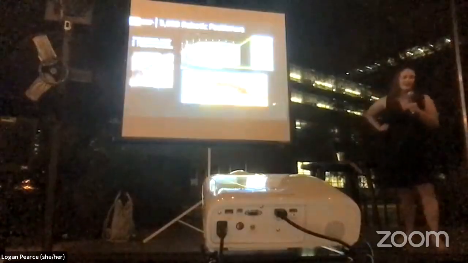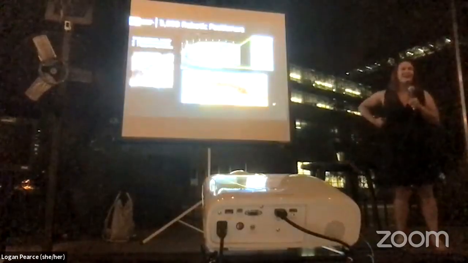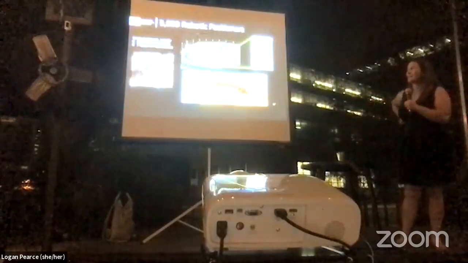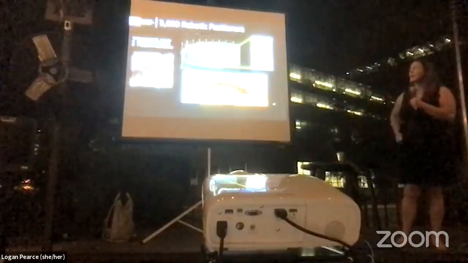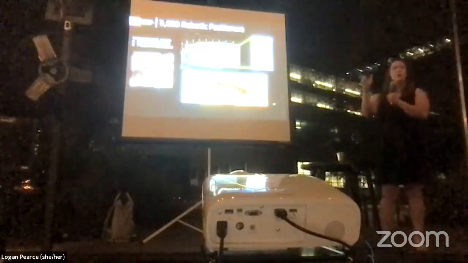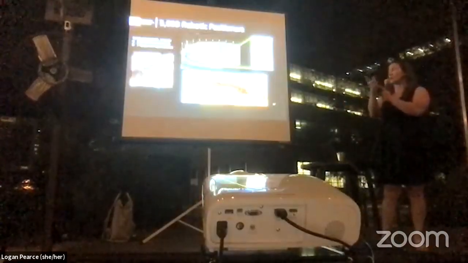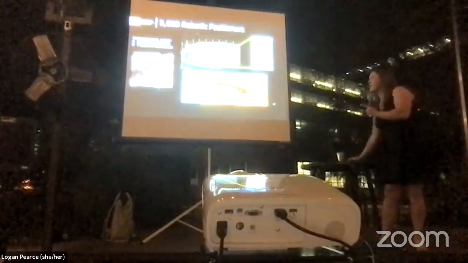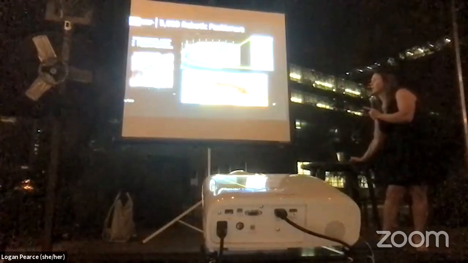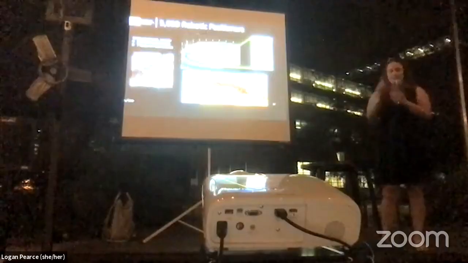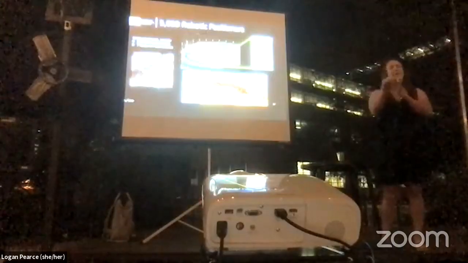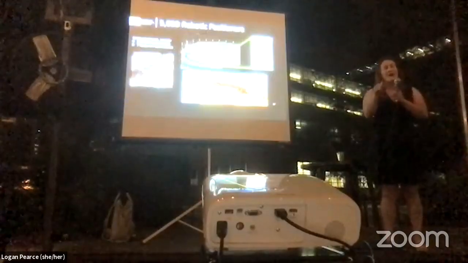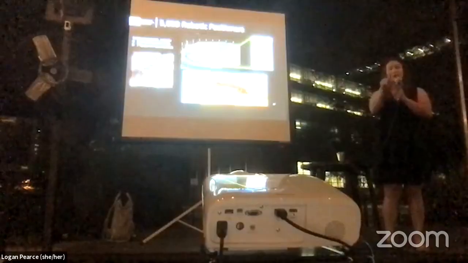So the workhorse of the instrument are the 5,000 robotic positioners. And so they have 2 motors each. It moves the positioner around, and then the fiber is connected here at the top. And so the fiber can be moved anywhere within a 12 millimeter diameter circle.